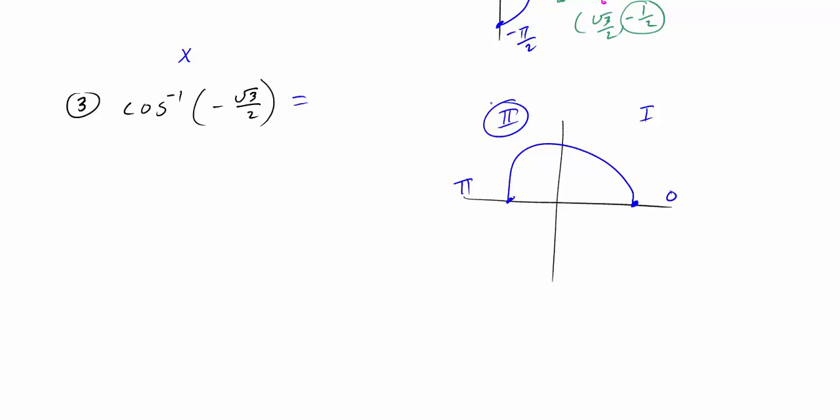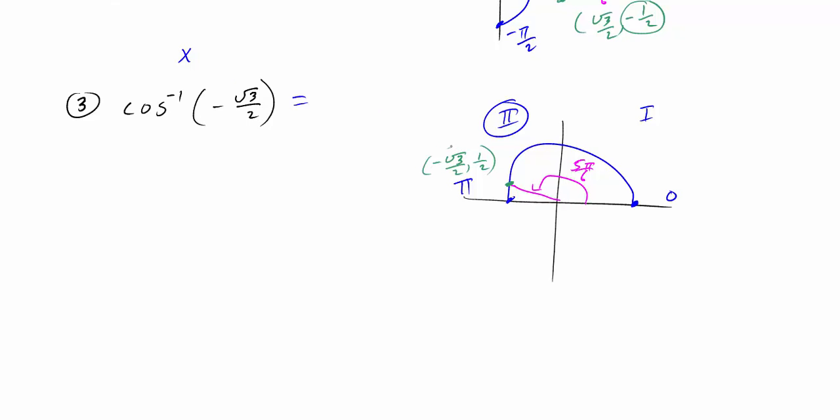If you go to your unit circle, we can see that an x value of a negative square root of 3 over 2 is going to occur at 5 pi over 6. So we have an angle of 5 pi over 6. And again, the actual coordinate at 5 pi over 6 would be a negative square root of 3 over 2 and a positive 1/2.